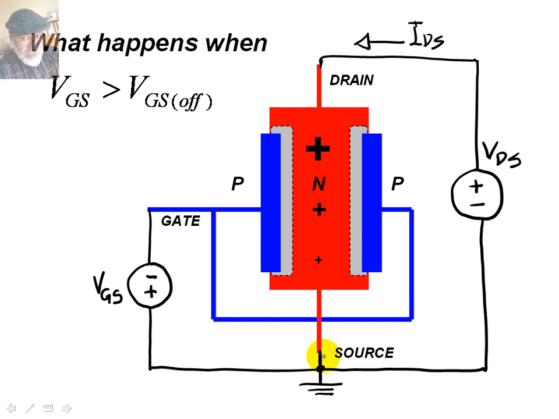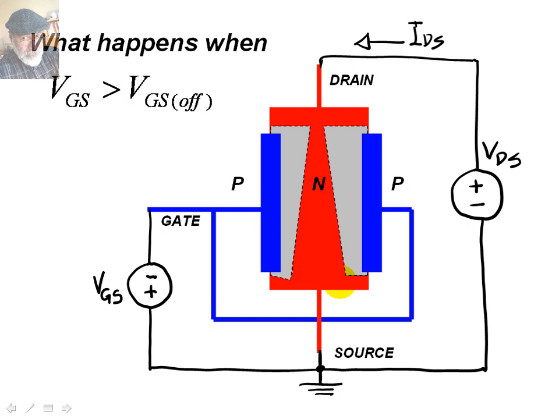What that is telling us is that the PN junction will be more heavily reverse biased at the top and less at the bottom. That means the depletion zone is going to be wider at the top and narrower at the bottom. So the depletion zone, when there is current IDS, will have a conical shape.